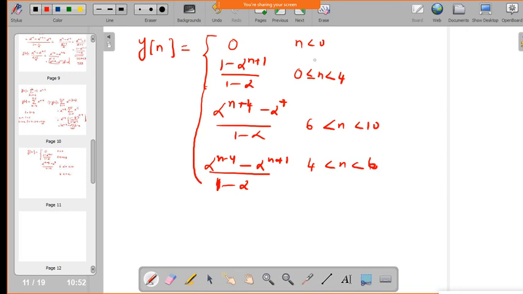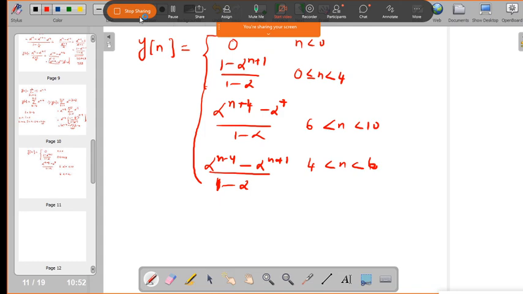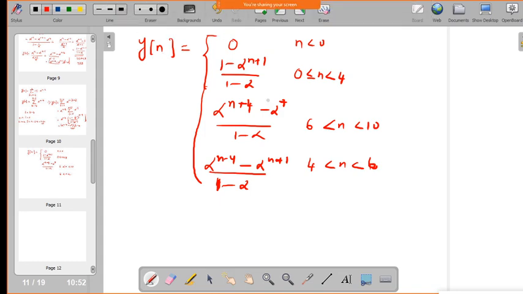Okay, so this is the output value, and you also need to plot y of n for alpha equal to 2. So you put the value of alpha equal to 2 and, for different values of the index, you get y of n and can plot it. When n is less than 0, the output will be 0.